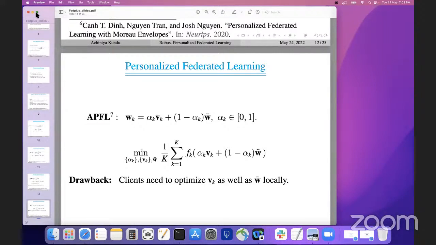I'm not particularly favoring this model. This is one model which was proposed in that paper. Their idea is that ideally, if you know how much to balance between the global and the personalized aspect, for example, let's say mostly I'll be very close to the global model, but maybe I want to put 10% weightage on my v_k's, which may not be aligned with W tilde, so you put a very small weightage towards that.